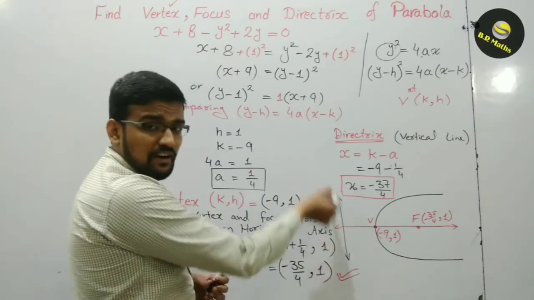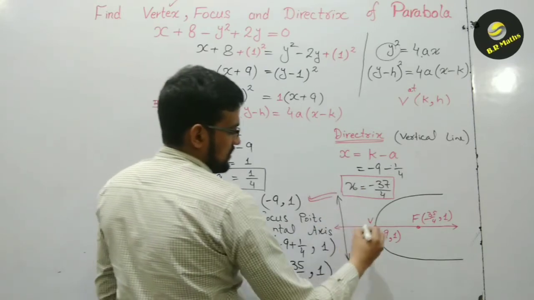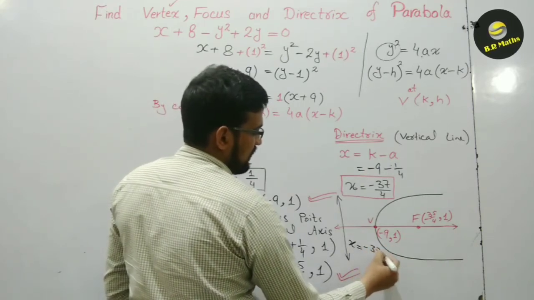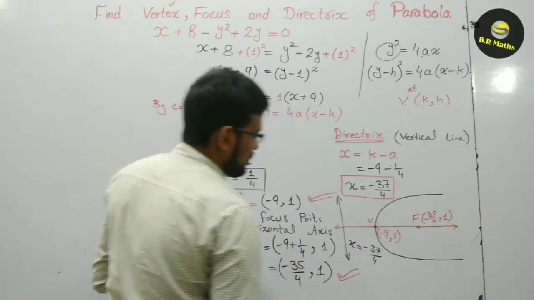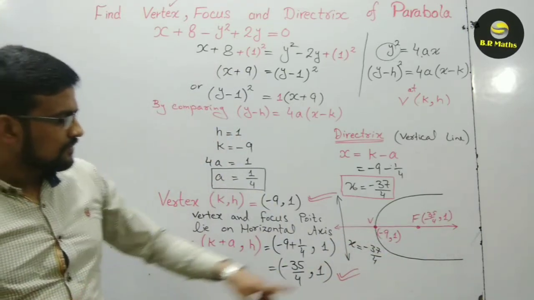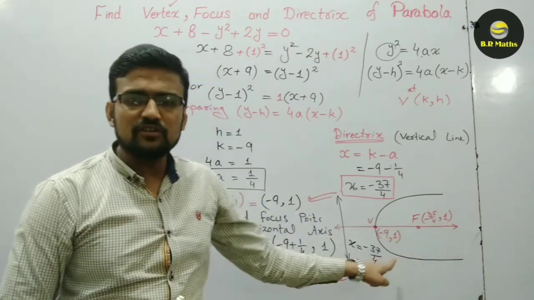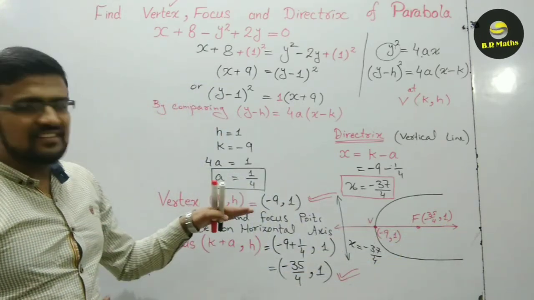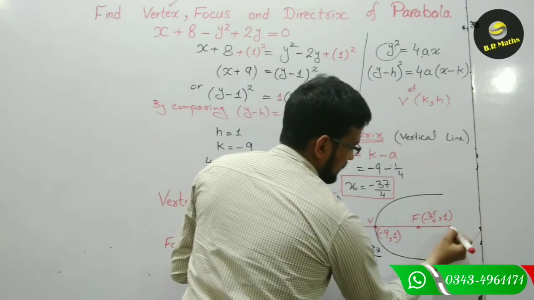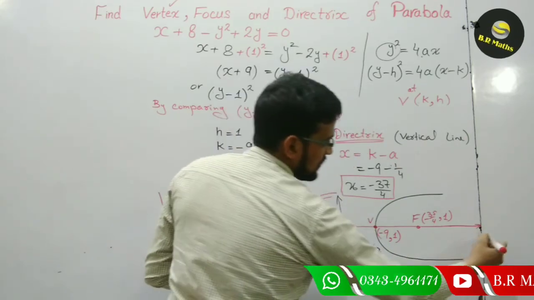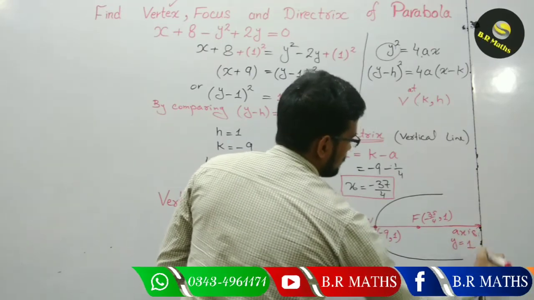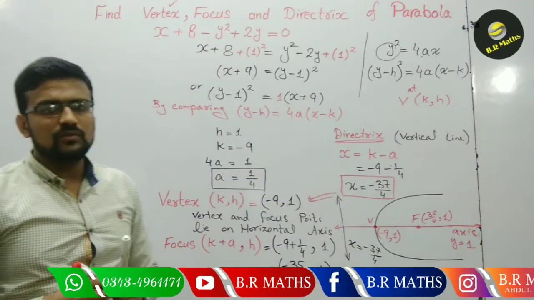This vertical line is called the directrix, and its equation is x = -37/4. According to all this information, the y value is 1. This line is called the axis, and the axis is y = 1.